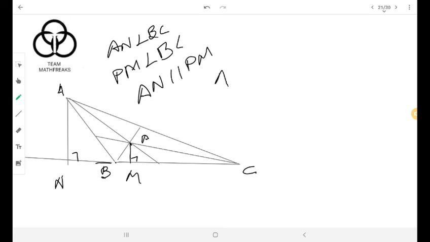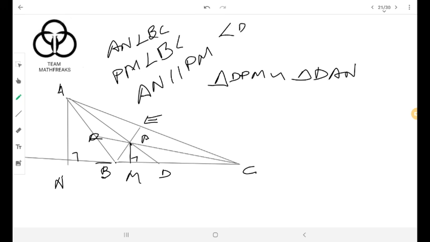The triangle DPM is similar to triangle DAN. D is the point from A, D, E, F. How?